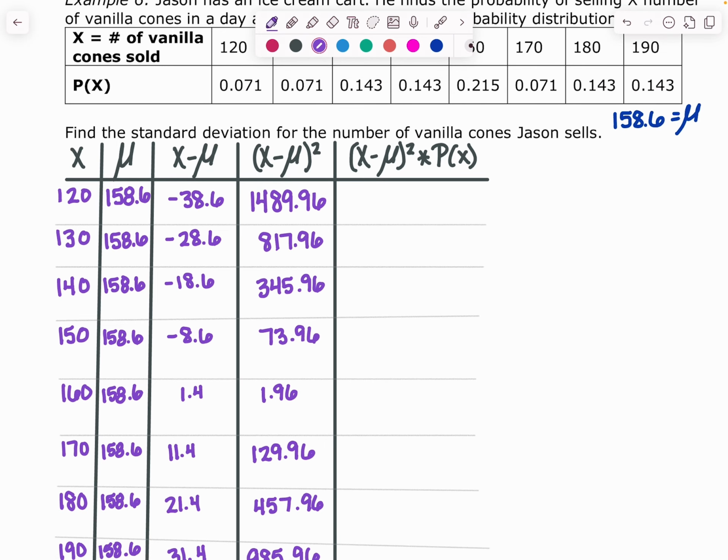So 1489.96 times 0.071, 105.78716. I'm going to keep all the decimals right now. 58.07516, 345.96 times 0.143.